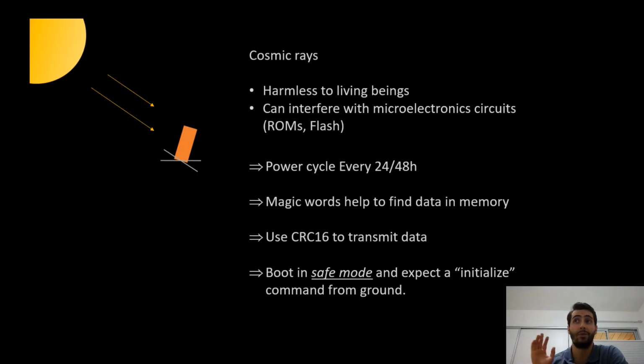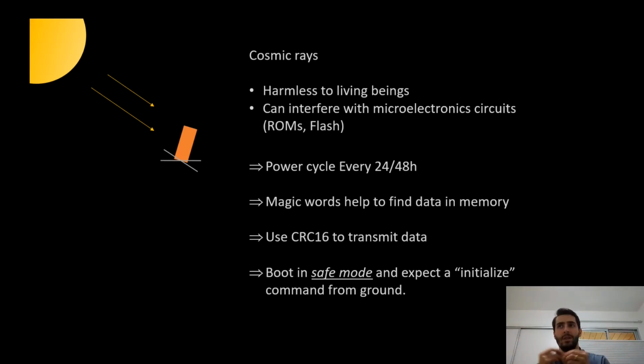So we have to deal with that problem in different ways. One way is to boot in safe mode. So every time there is a peripheral that's not responding and it's blocking communication on a bus, you will wait until the next reboot, and when the next reboot executes, you need to know what was the last boot.